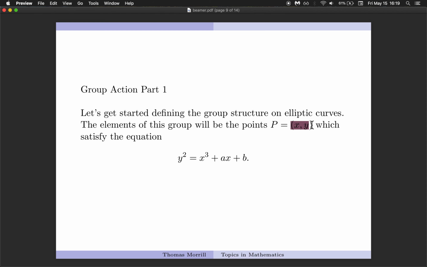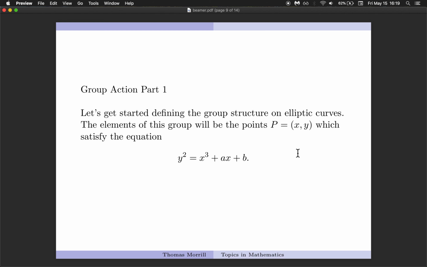But since this makes up one of my group elements, and since I'm thinking about doing geometry, I'll also be using the geometry notation of a single capital letter to indicate a single point on the graph. So sometimes I'll be using x, y coordinates, sometimes capital letters.